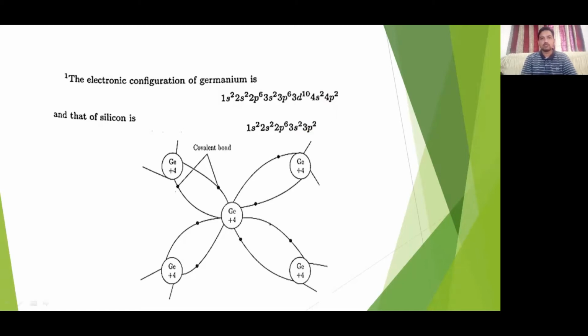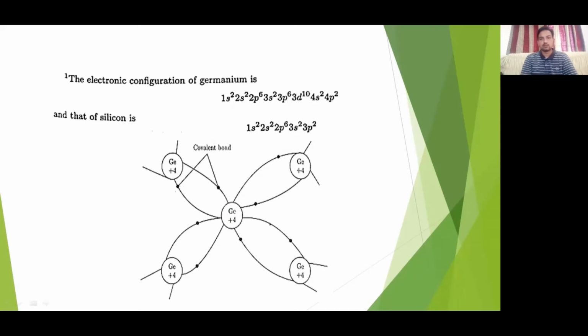This is the bonding configuration of various germanium atoms bound together with the help of covalent bonds, sharing their electrons, making a pair of electrons by sharing their own electron with the neighbor atom. Here you can see the central germanium atom having 4 electrons, and all its neighbors also have 4 electrons. Each germanium shares one of its electrons with the neighboring germanium atom.